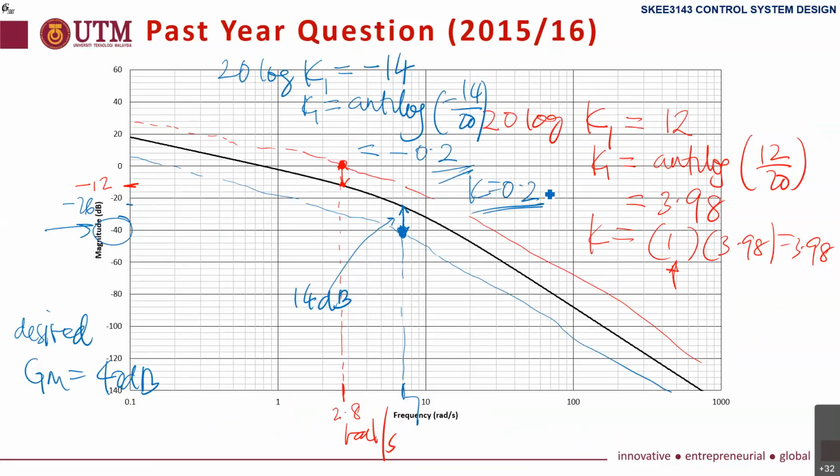K of 0.2 will make the system gain margin 40 dB because we reduce. Now you can see that when K is more than 1, it will go up. When K is less than 1, it will go down. So K less than 1 will give negative dB.